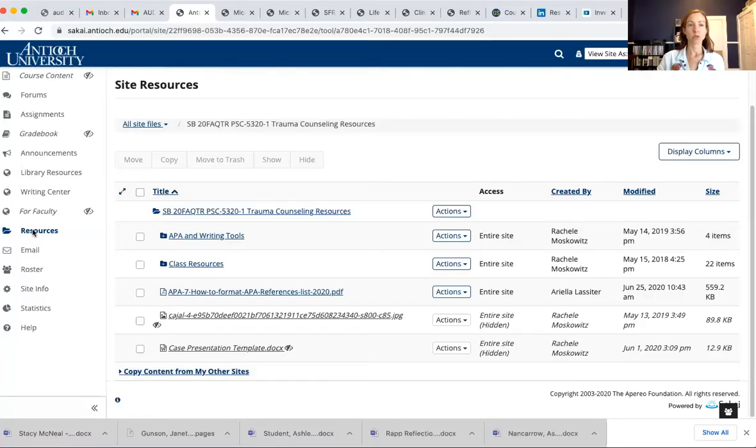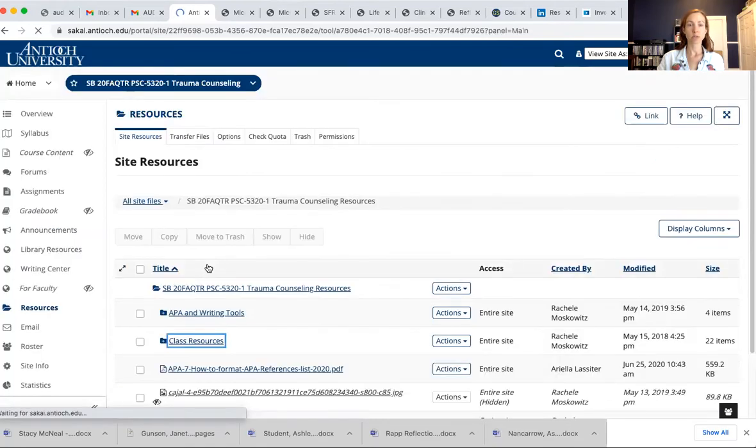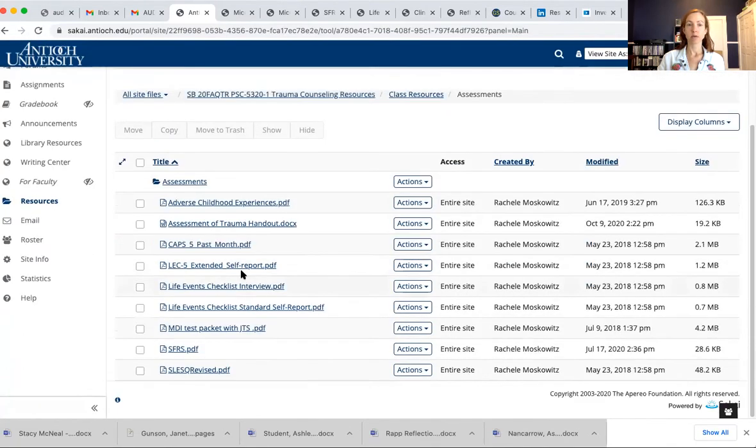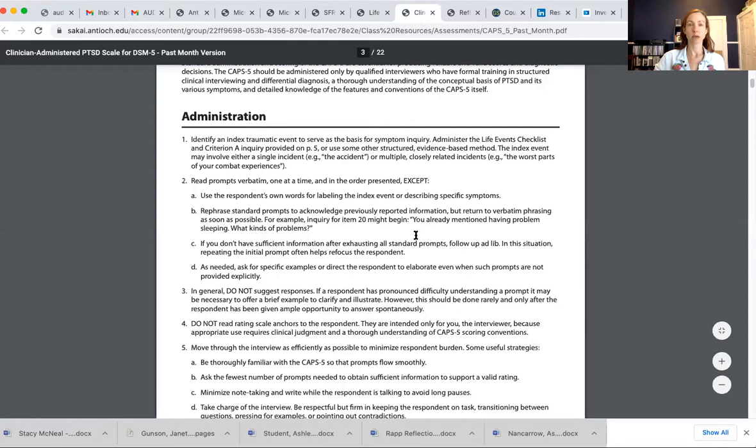If you go into the resources folder of our course site, then into class resources, and then into assessments, you have a variety of different assessments linked. I'm just going to go over to the CAPS.